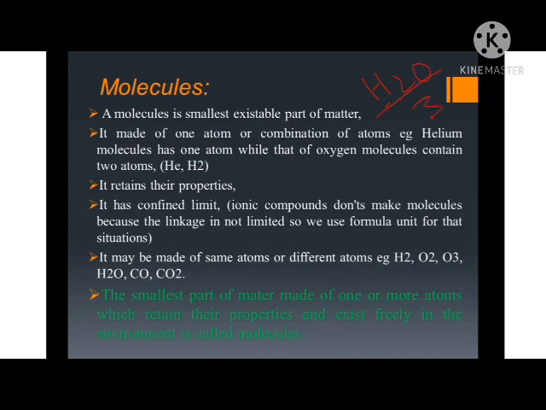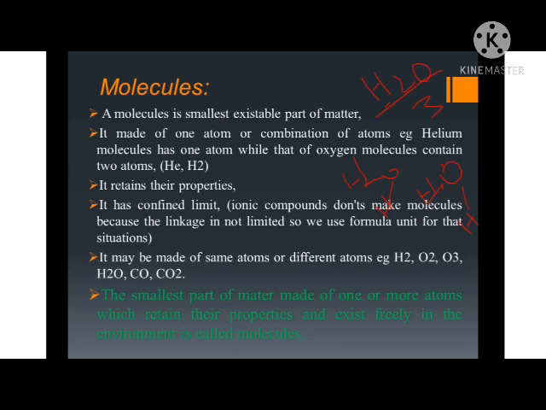So the limit of H2O is here. This is an H2O molecule. The limit of this molecule is known. We say that this molecule starts from this place and this is the whole molecule.